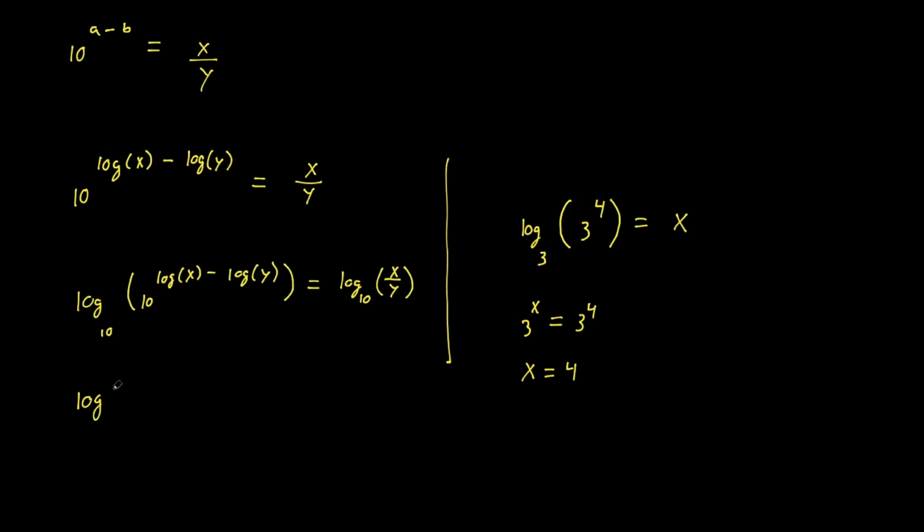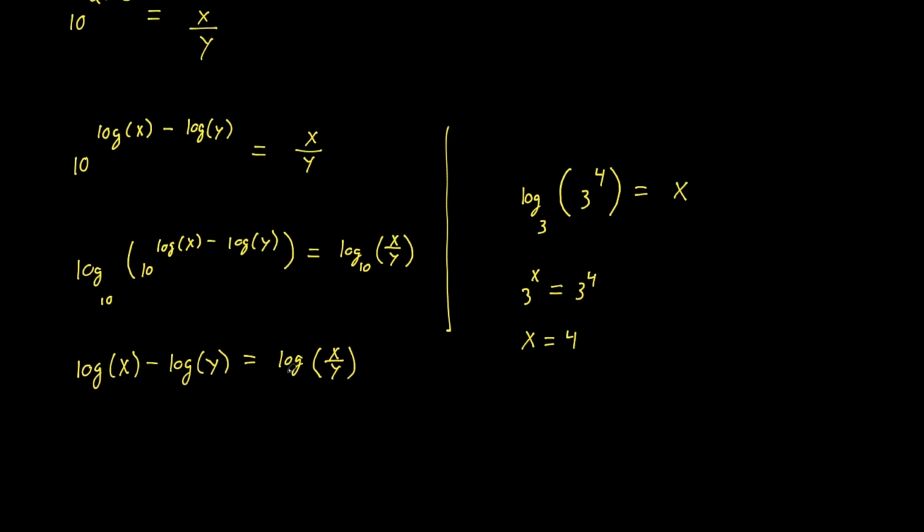So we have log x minus log y, no longer in an exponent, and log base 10, like I said earlier, the shorthand for that is just log of x over y. This is log base 10 of x minus log base 10 of y equals log of x over y.